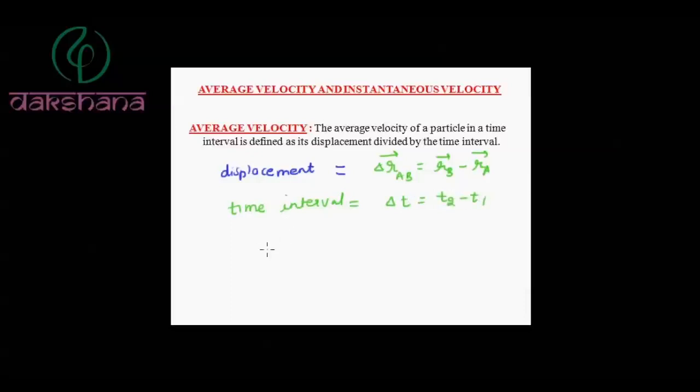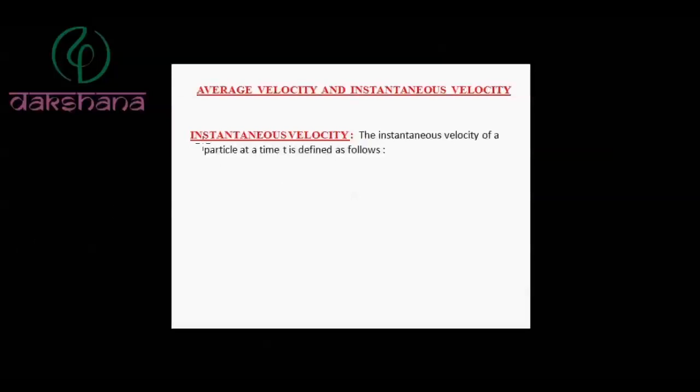So how do we define average velocity? Average velocity is defined as rb minus ra upon t2 minus t1, that is change in displacement upon change in time. This is the way we define average velocity. Now we see the instantaneous velocity.